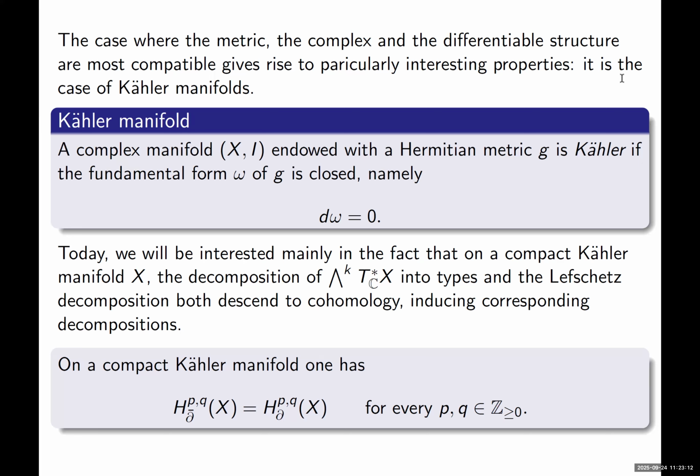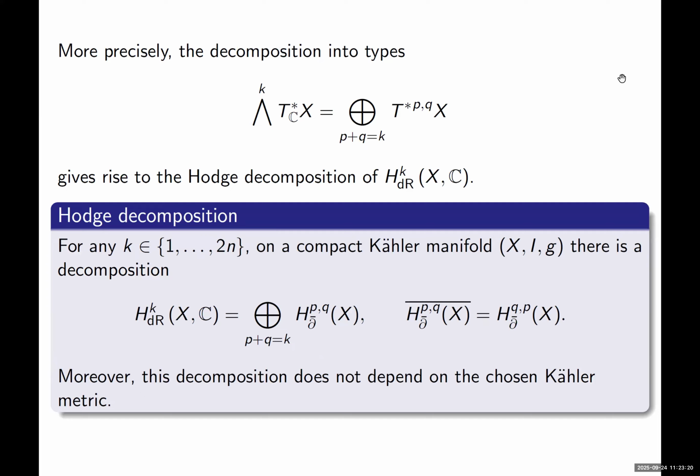So there is no difference in computing the one with del and the one with del bar. In fact, the k-th de Rham cohomology group splits as the sum of the Dolbeault cohomologies where the bi-degree (p,q) is such that p plus q is equal to k, the degree we are considering. And this decomposition does not depend on the chosen Kähler metric.